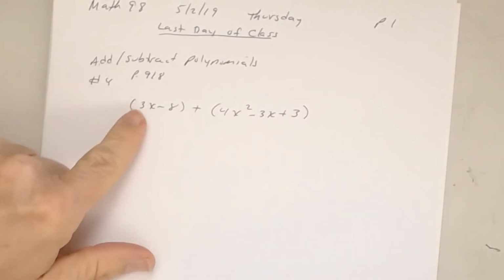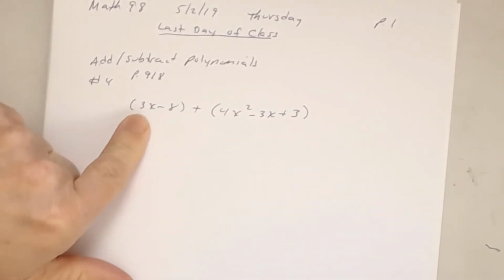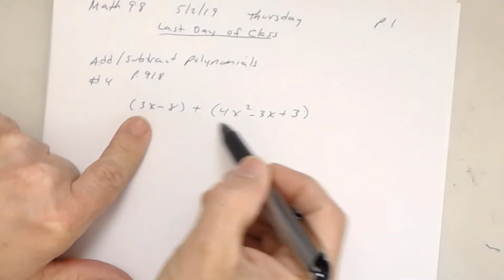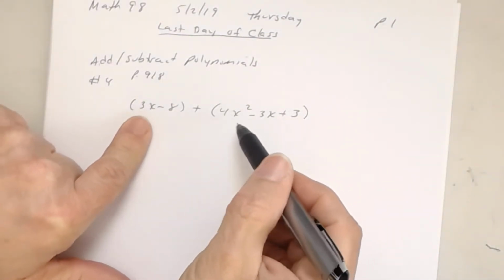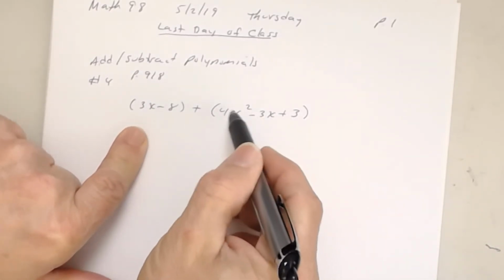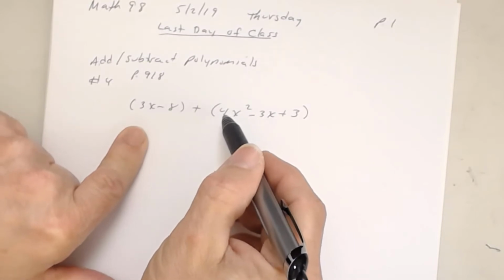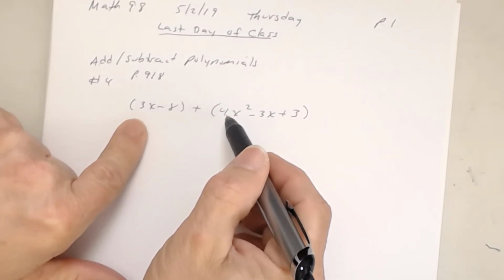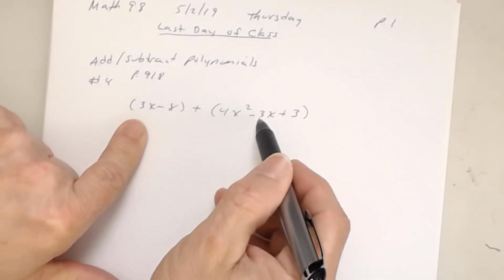So this term that I'm looking at only has how many variables in it? 1, the variable x. It has what exponent? 1. If I go to this polynomial, do I have a term that I can combine this with? Yes. Is it this one? No. These are unlike terms because the exponents are different. But it's this one, right?